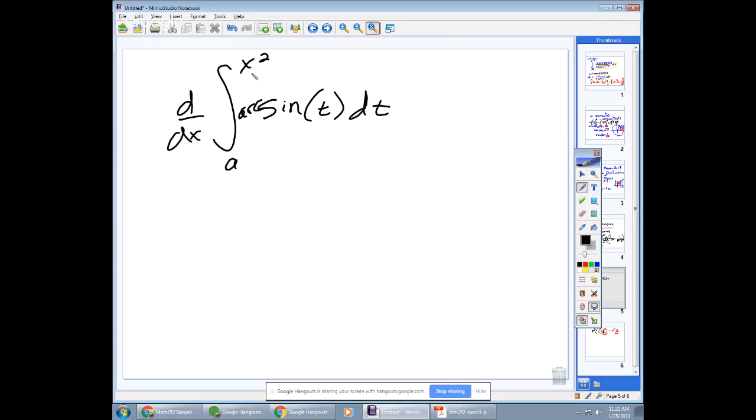So this is going to be the arc sine of x squared, because that's the upper boundary. But the chain rule says you're taking the derivative of a function, so you better multiply by 2x. So the chain rule jumps in if there's anything but an x as the endpoint. And so if it were a 2x instead of an x squared, it'd be the arc sine of 2x times 2.